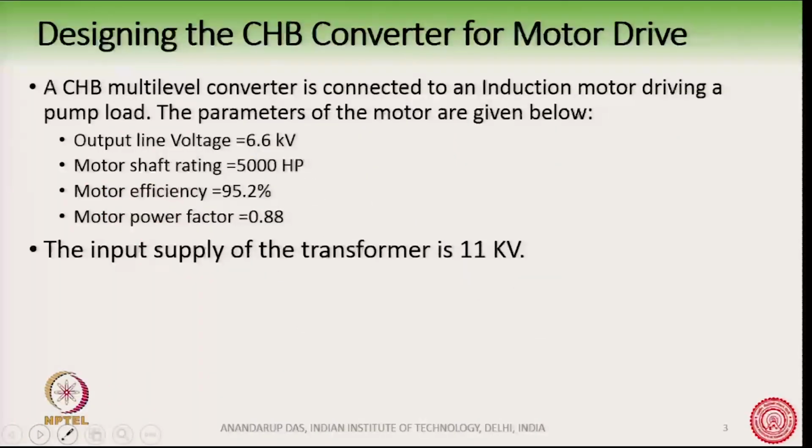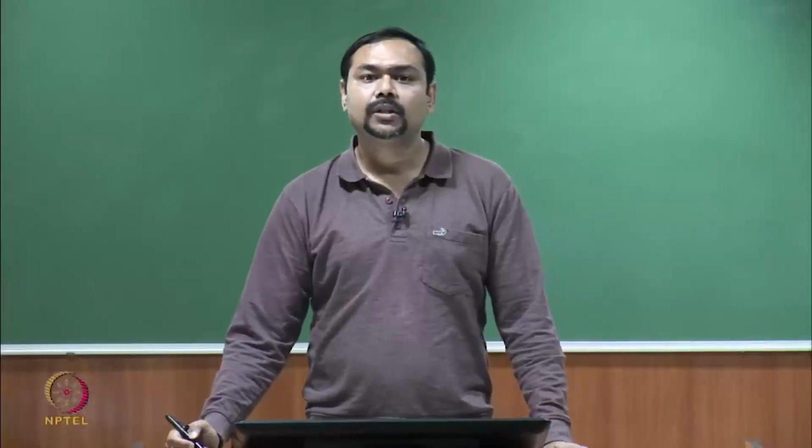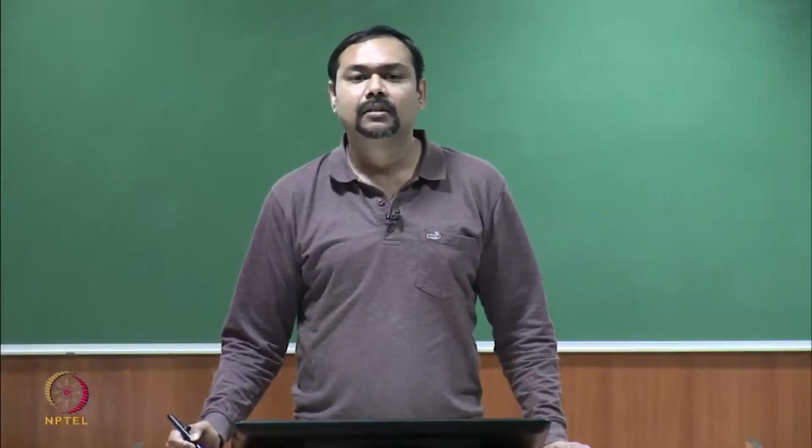For example, we have a CHB multi-level converter connected to an induction motor driving a pump load. In most cases, induction motors in industry are used for driving pumps, compressors, fans, etc. Another very big application area is drives, the motors used for traction, something like that.